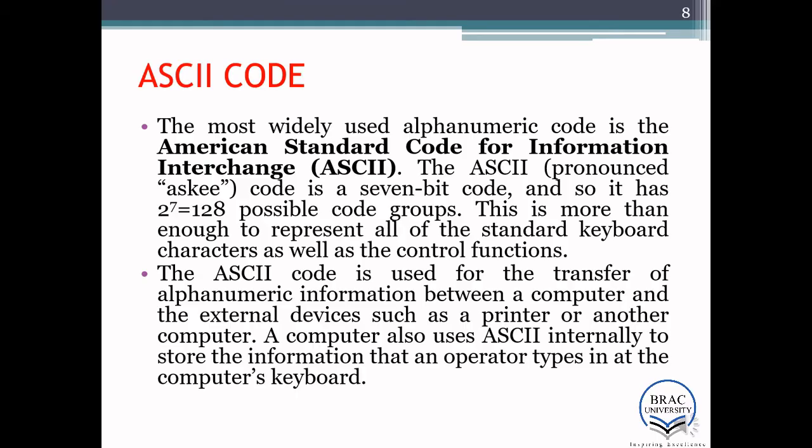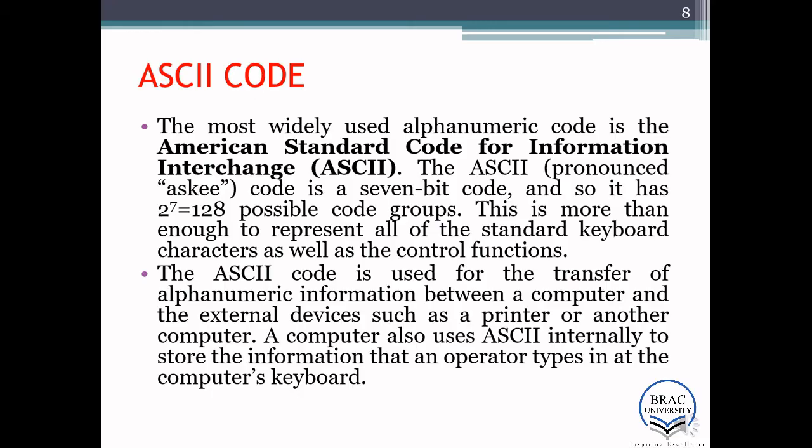ASCII code. The most widely used alphanumeric code is the American Standard Code for Information Interchange, ASCII. ASCII, pronounced ASCII code, is a 7-bit code, and so it has 2 to the power 7 equals 128 possible code groups.